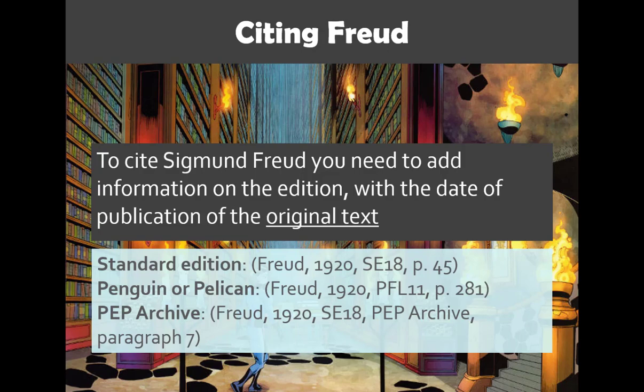For documents found on the PEP archive, you need to put the initials SE, because the PEP archive reproduces the Standard Edition, followed by the mention PEP archive, without any volume number or pagination details, since there is none on the PEP archive, but a paragraph, chapter, or part number to indicate where the information can be found.